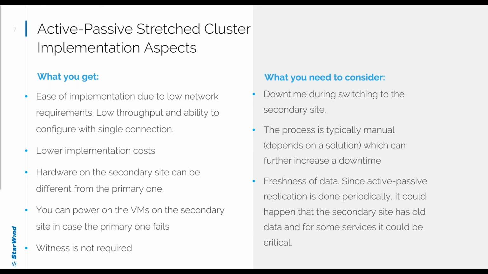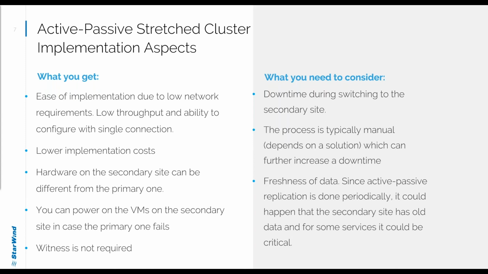And again, the answer here is the requirements. You do not need redundant network links. Of course, these can be preferable, but it's not such a strict requirement as with the active-active stretched cluster. You do not need a low latency network and high throughput between the sites.